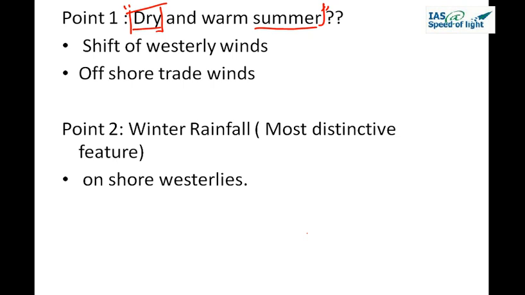If you remember, when we studied the global circulation of air, if this is the equator, this is the Tropic of Cancer, this is the Tropic of Capricorn. Between 0 degree to 30 degree approximately, this is the belt of trade winds, and after that we get westerlies.